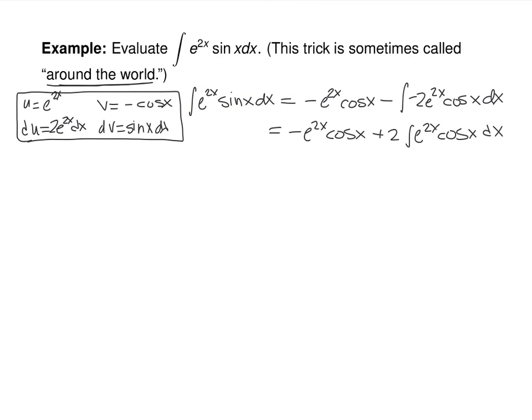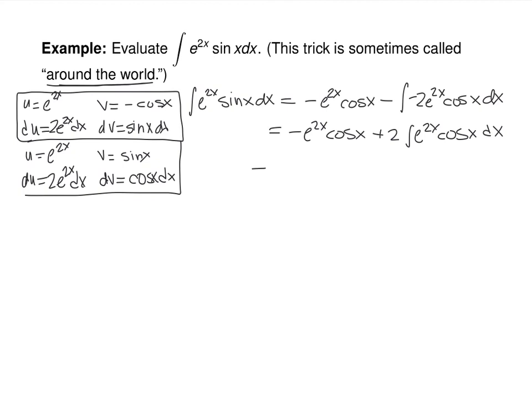And you're on a roll, so you're like, well, I can integrate by parts. Let me try it again. So pick the same sort of substitution order on your next integration by parts iteration. Let u equal e to the 2x again. Du is 2 e to the 2x dx. dv, we're going to let that be cosine of x. And v is then sine x.